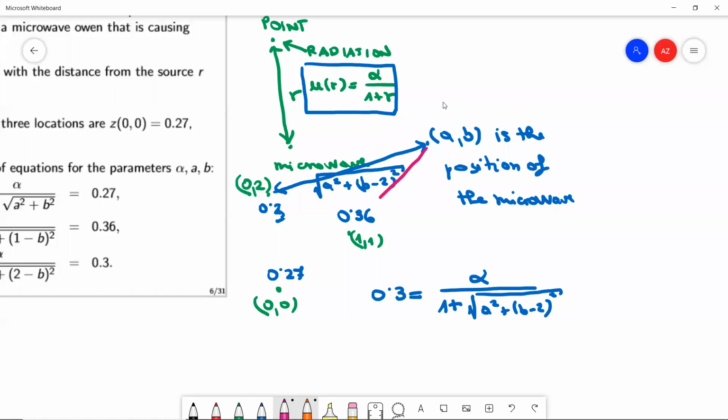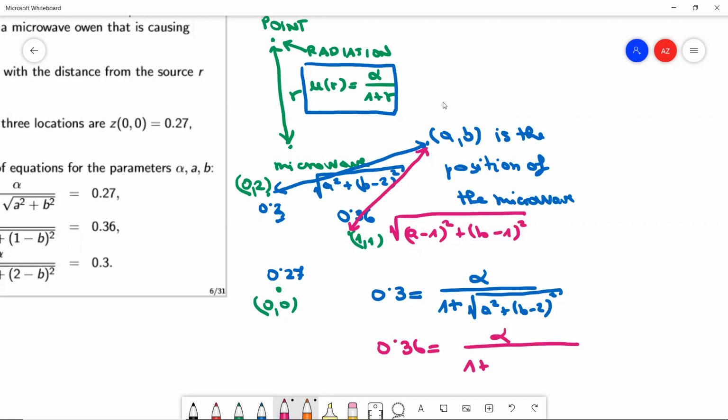Again, the distance is by Pythagoras theorem the square root of (a minus 1) squared plus (b minus 1) squared. And so 0.36 must be alpha over 1 plus the square root of (a minus 1) squared plus (b minus 1) squared.